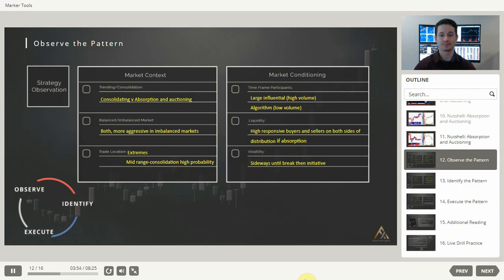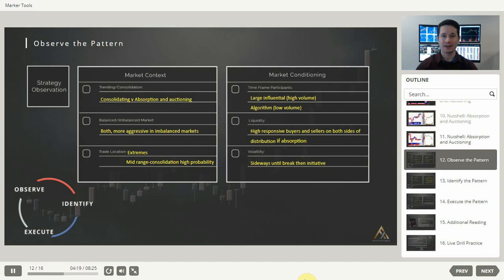Now, let's start off with observing the pattern. Note the 2 subsections to observing the pattern. First is market context and market conditioning. When we start off with market context, we talk about whether the market's trending or consolidating. Do bear in mind, we spoke about the concept of consolidation versus absorption and auctioning.